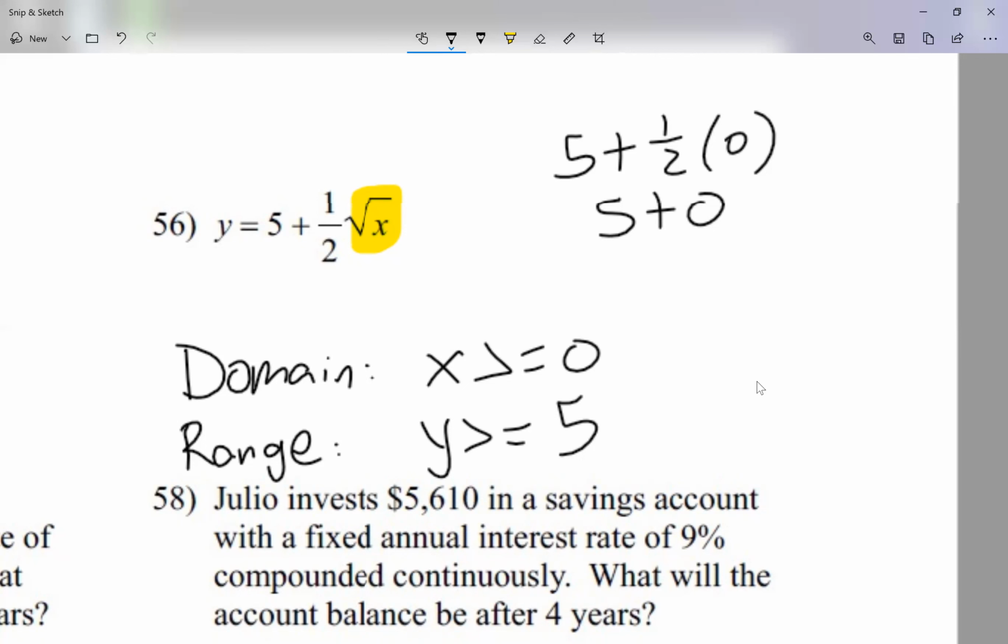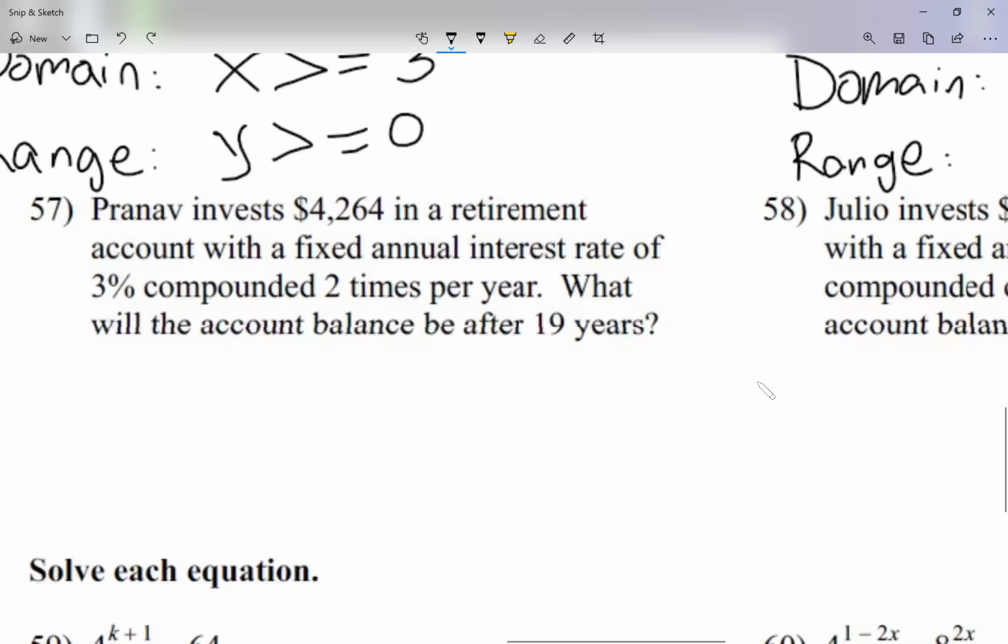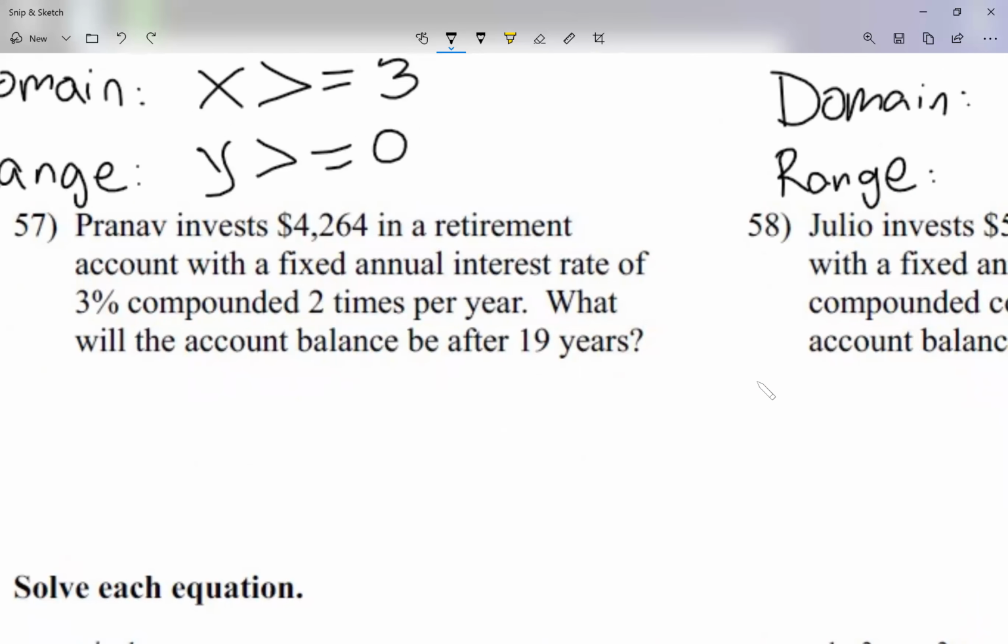Another thing that we learned was compound interest. Now for this one, I asked, keep in mind how many times the interest gets compounded in a year. For this example, it gets compounded 2 times per year. So there was a formula that I gave you guys. Let me zoom in here.